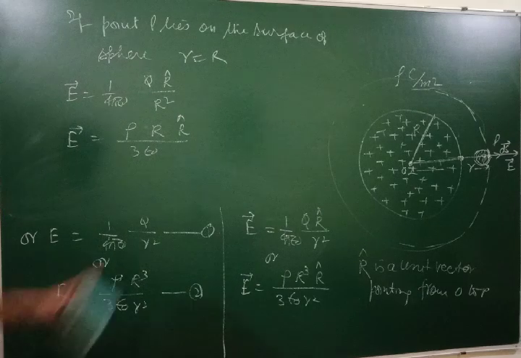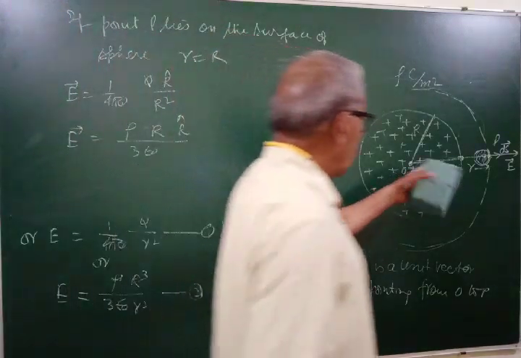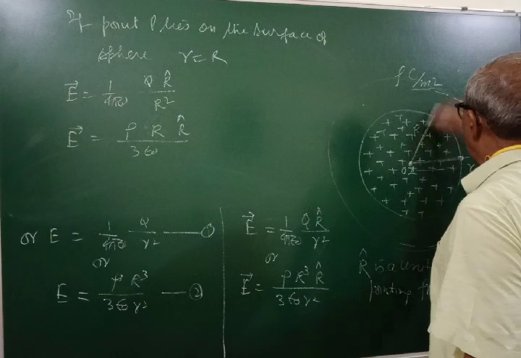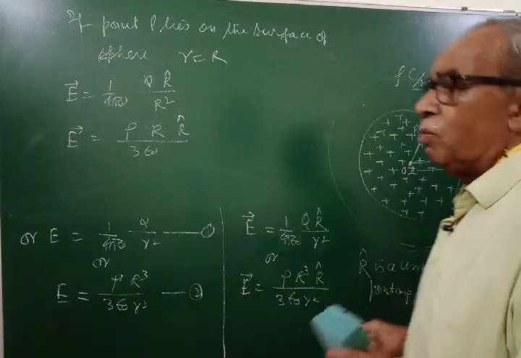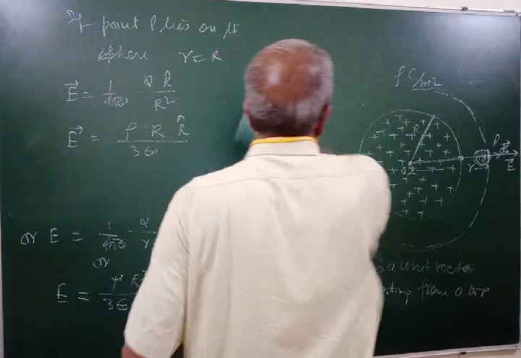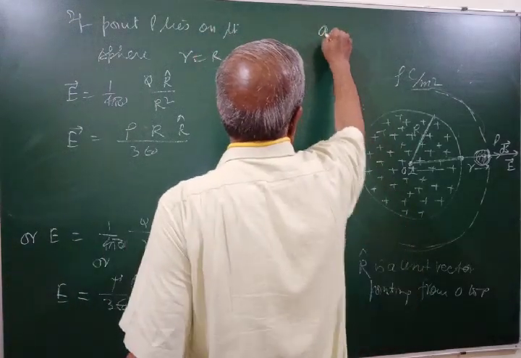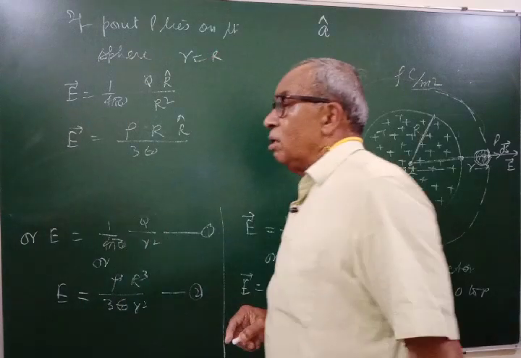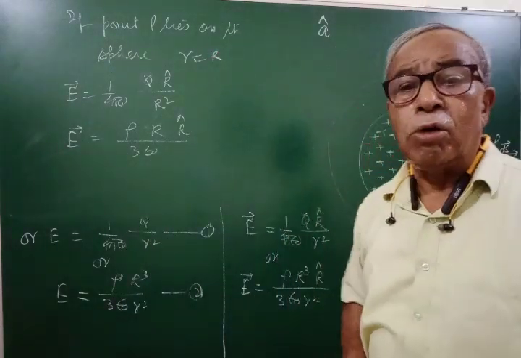R cap is the unit vector along R. The point can be here or here. A unit vector is a vector which has magnitude only 1.